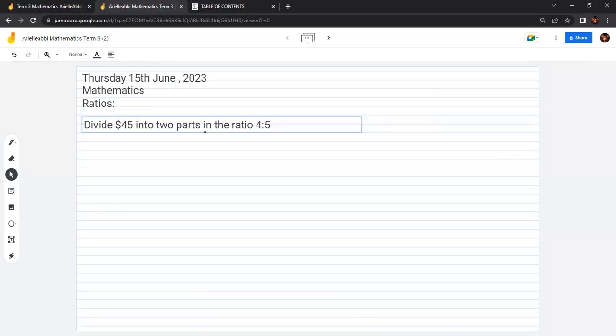So we simply read this as 4 to 5. That simply means that if I have 2 friends, Roy and James, they're going to break up this $45 into smaller equal parts.